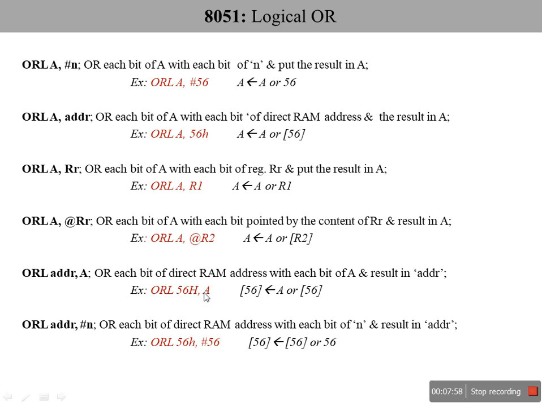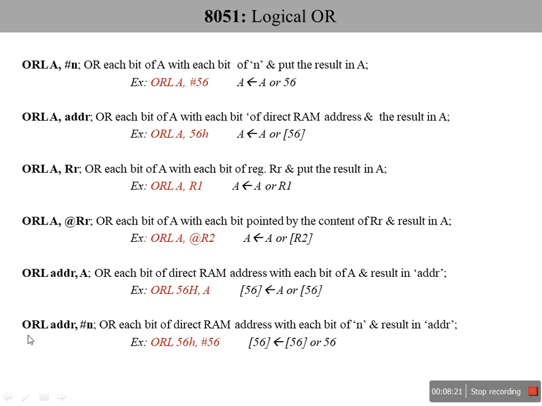The result of the logical OR operation will be placed in 56 only. So after executing this instruction, the content of the accumulator will remain the same, whereas the content of memory location 56 will be replaced with the logical OR between the data found at 56 and the content of the accumulator.